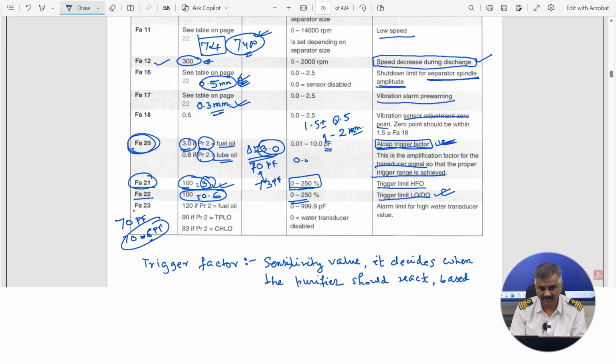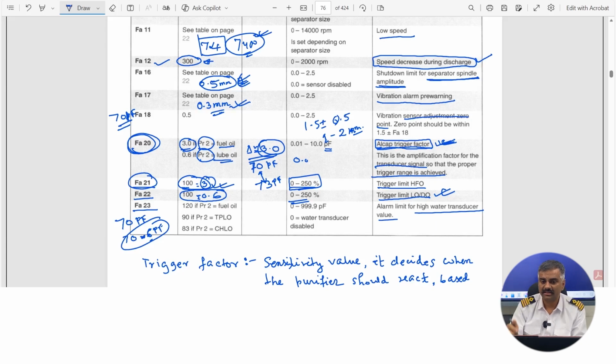Now comes FA23. FA23 is the alarm limit for high water transducer value. There has to be a maximum range; say 70 picofarad is the minimum value for which flow is sensed in the capacitor. Below 70 you will not find anything in the capacitor; either it is dry or air is present in the capacitor. So there has to be a maximum limit.